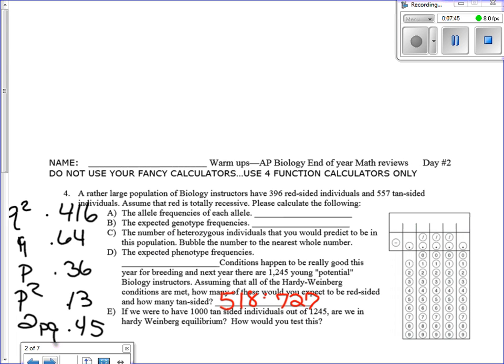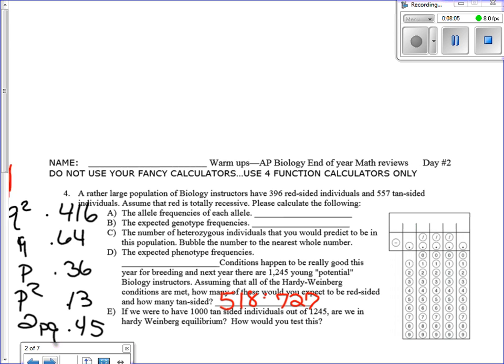Okay, if we were to have 1,000 tan-sided individuals out of 1245, are we in Hardy-Weinberg equilibrium? How would you test this? Chi-squared. No, you can't do chi-squared yet.